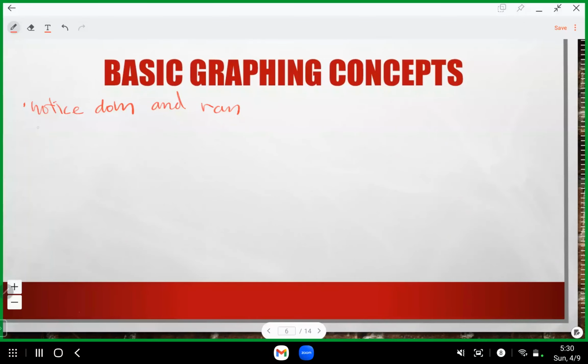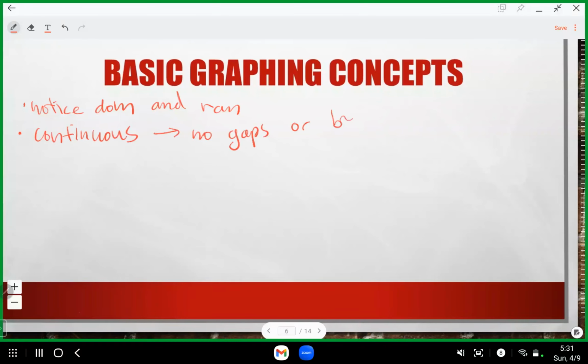We may come across a new word here: continuity, continuous, meaning that there are no gaps or breaks. So something like this is continuous because there are no gaps or breaks, meaning that you can draw the graph without picking up your pencil.